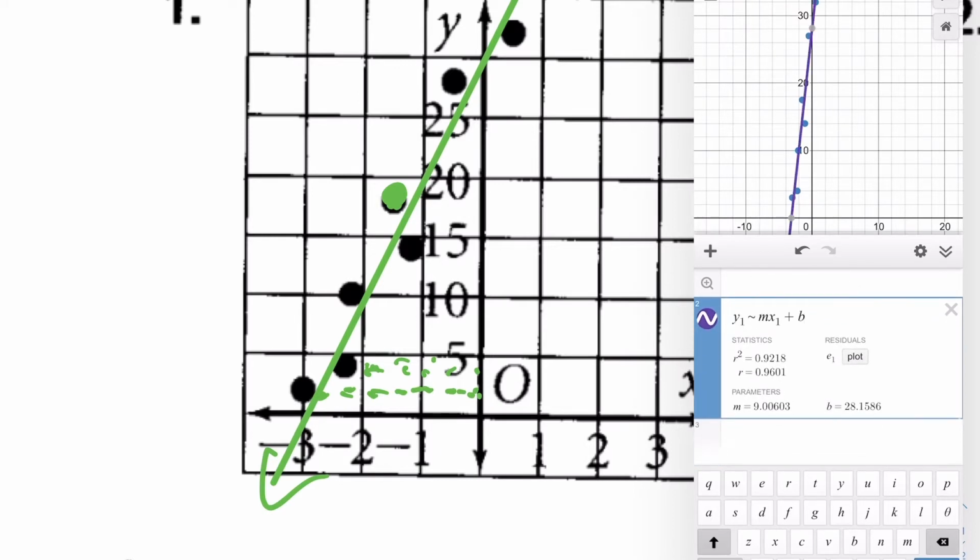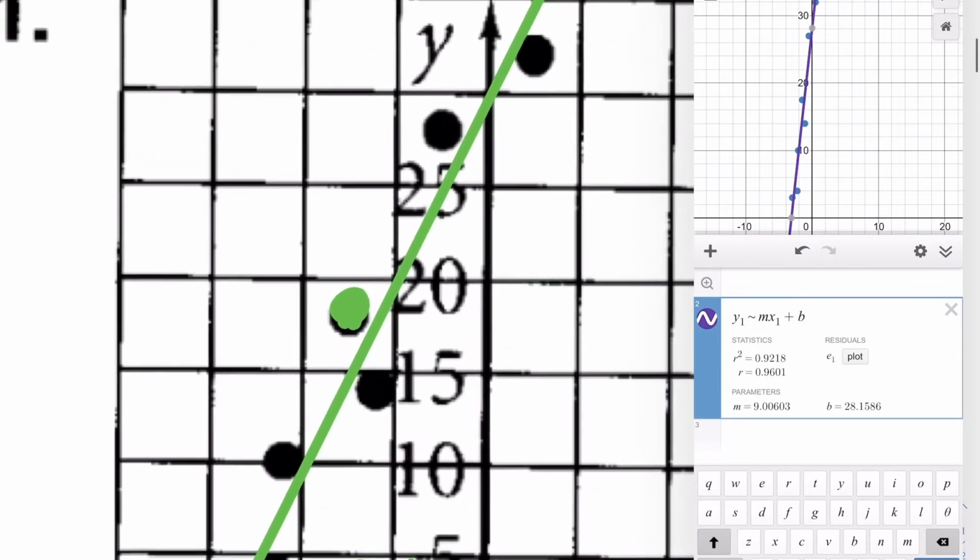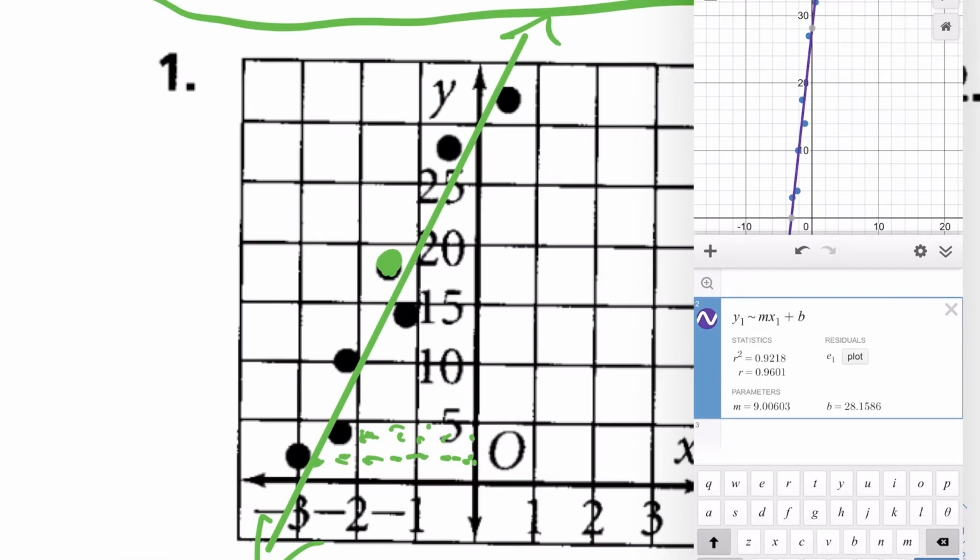And then Desmos just solved for the equation for us. It found m is equal to 9.00, so we'll just put 9, and b is equal to 28.15. If we zoom in on our graph here, we can see that, yeah, it's about 28, 29. That would be the right b.